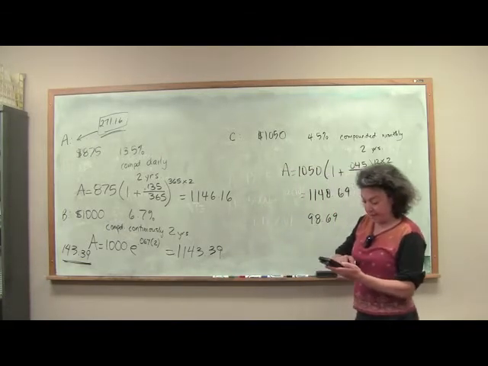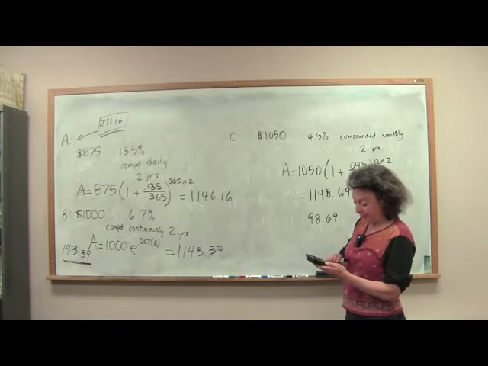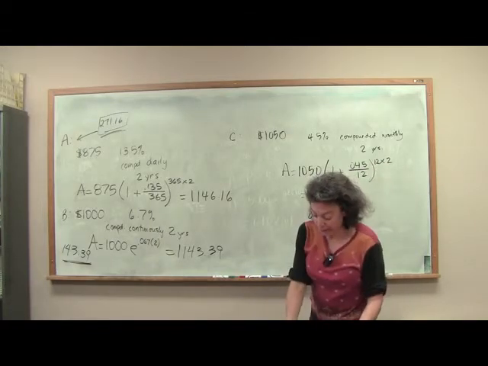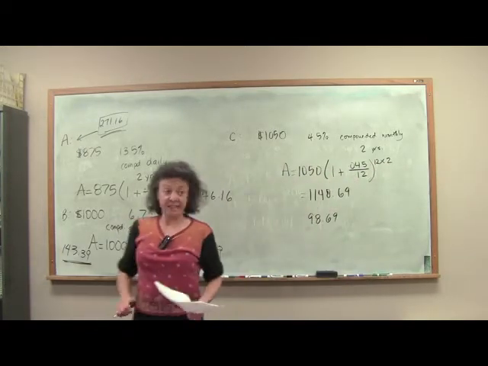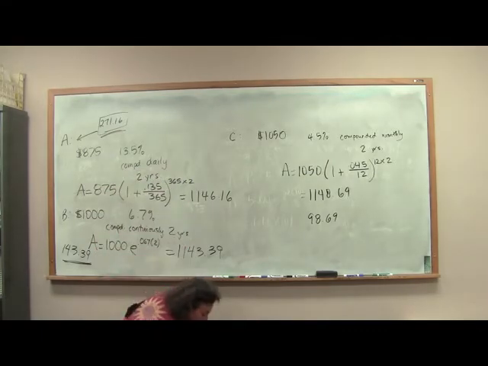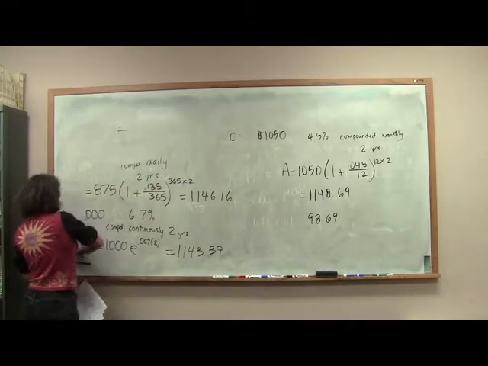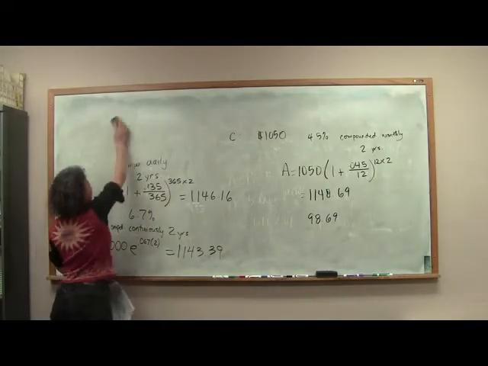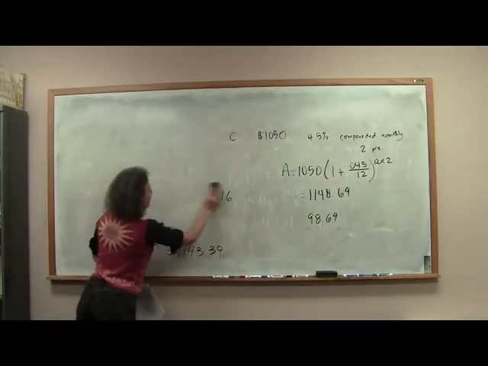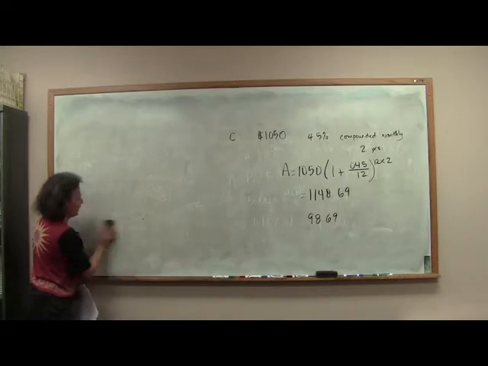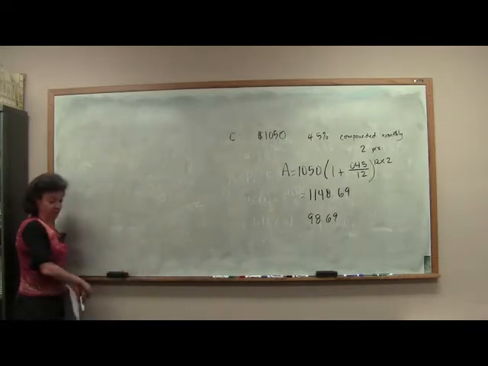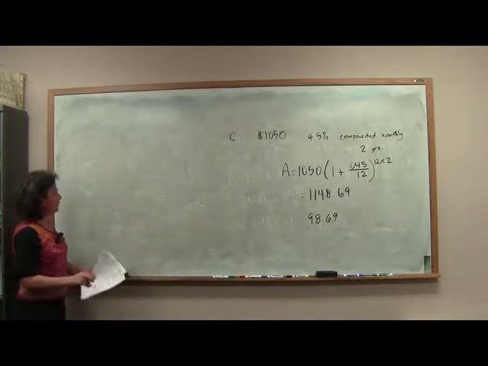All right. Now, one last thing that we need to talk about is the effective rate. Okay? You remember in our last section how we had the nominal rate, but then we had the effective rate. Okay?